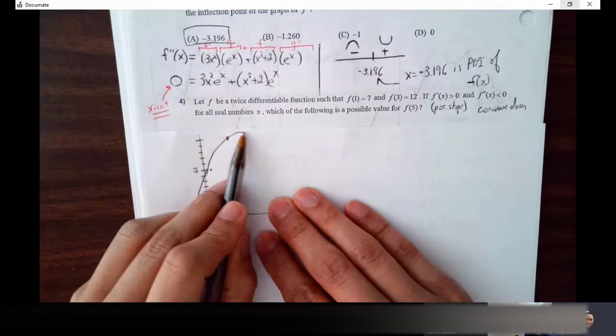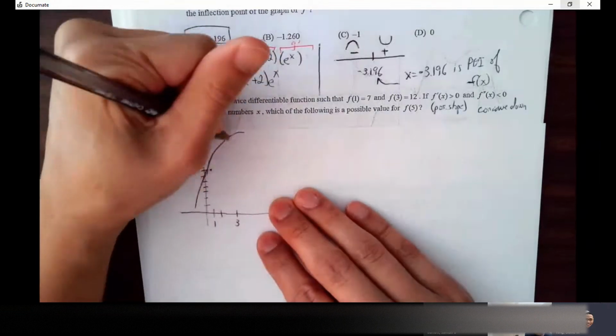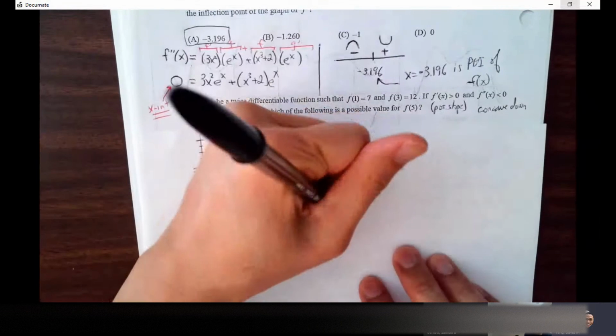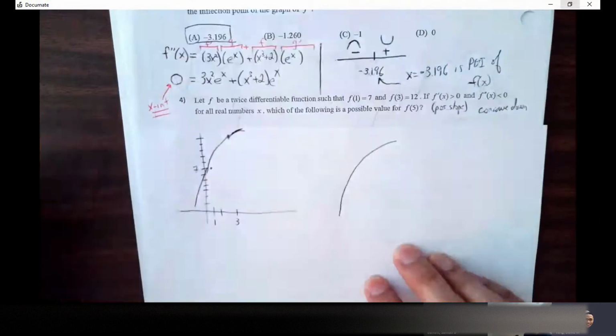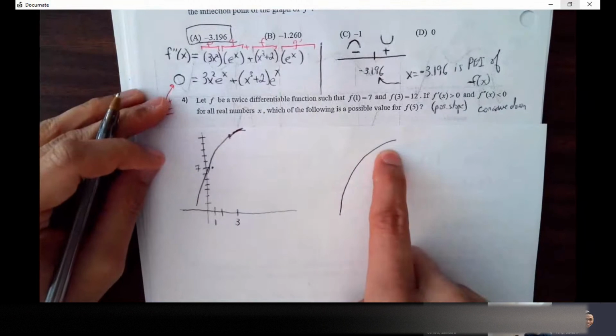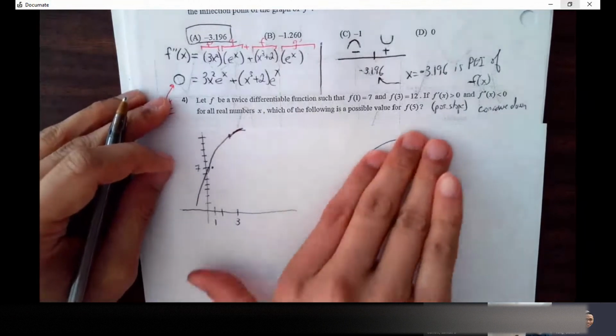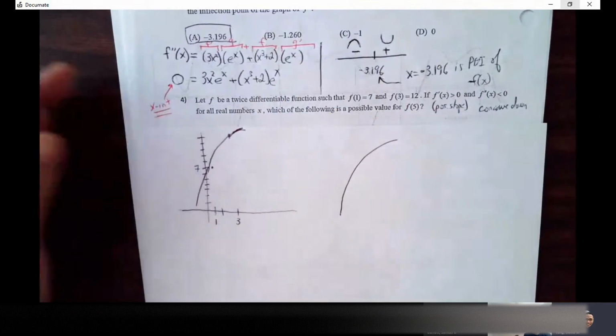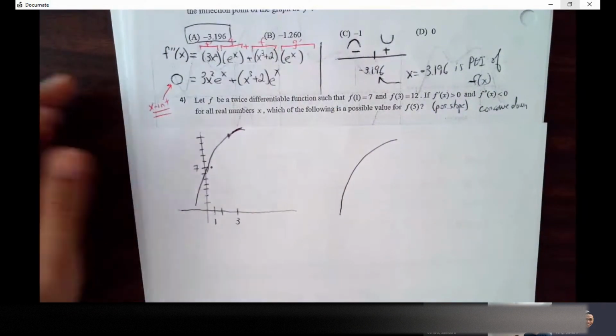Technically it shouldn't even level off, so it should just continue rising. It's always going to maintain this shape. It's always rising, always concave down, so it's never going to flatten out, but it's just going to keep continuing in this curvature.